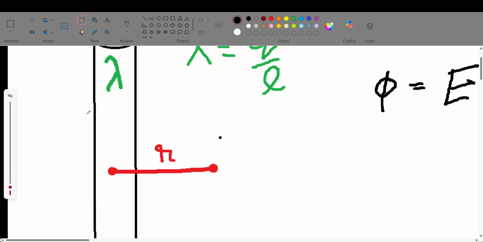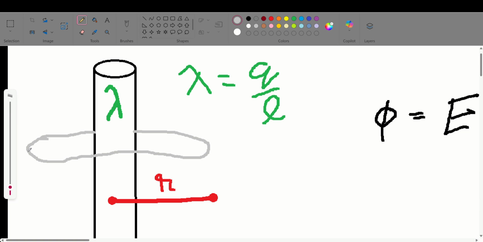Now let us imagine a hypothetical body surrounding this wire. Let's think of a cylinder of the same radius, by the way. It has to be equal to R. Something like this. And it has to be a cylinder, so in 3 dimensions.